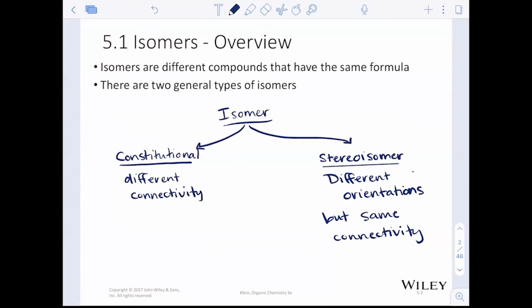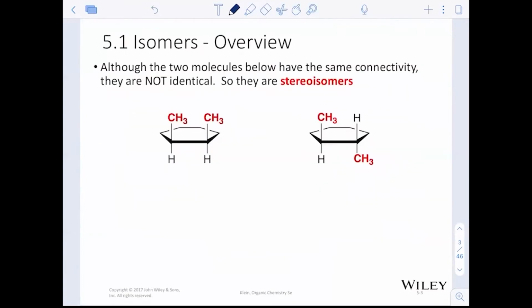The first class that we're going to see in just this overview is that idea of cis versus trans. When we saw this back in chapter 4, what we want to be able to say is that when we have a ring system, I'm going to draw this in its skeletal structure with a little perspective formula. These methyls are on the same side.